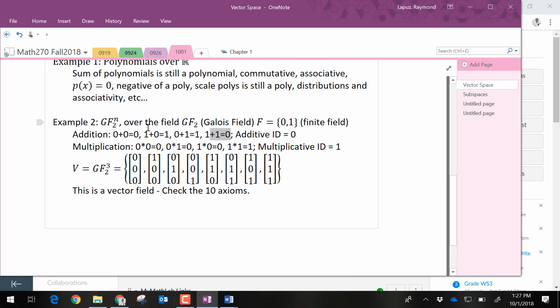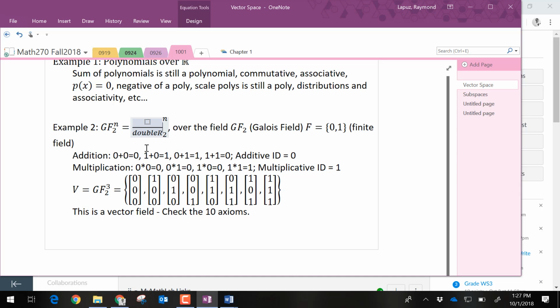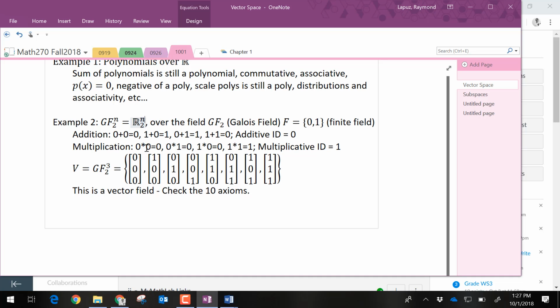So in our vector space, sometimes you might see the GF2 just look like this, but the subscript just means that's the base that we're dealing with.